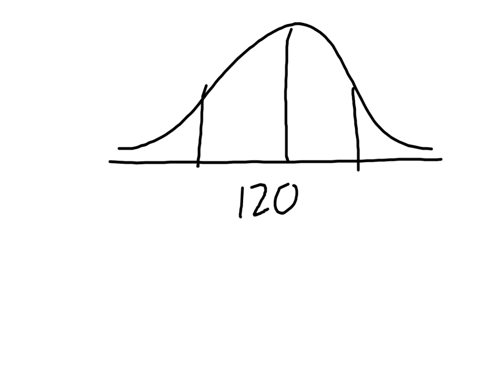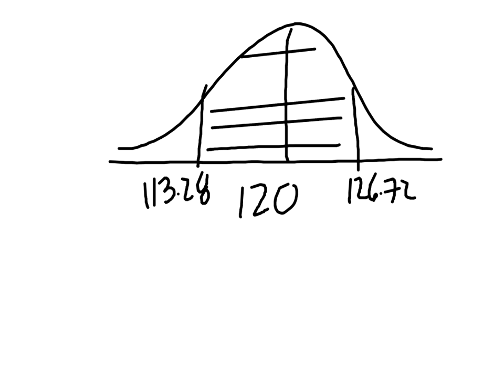The middle 60% of the population's blood pressure would fall in between 126.72 and 113.28. And that is how the researcher would go about, I can write 60 or 60% here, selecting candidates. They would have to have blood pressures between those two values there.